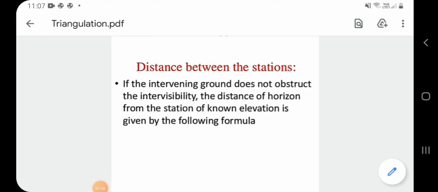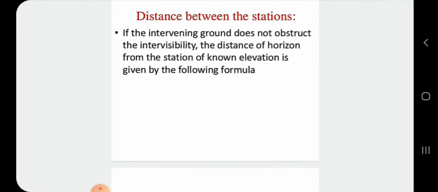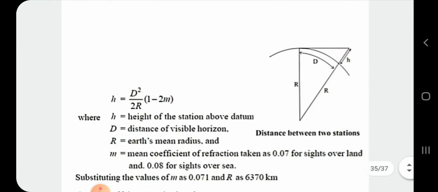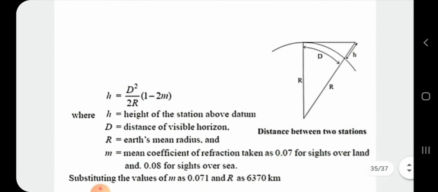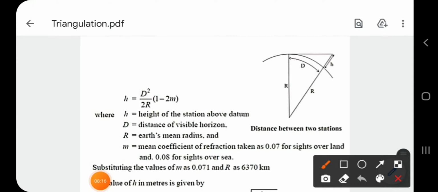If the intervening ground does not obstruct the intervisibility, the distance of horizon from the station of known elevation is given by the following formula. So we can calculate the horizon distance. This figure shows that d is the horizon distance. We have a general formula: h, the height of the station, is equal to d square by 2r into 1 minus 2m.